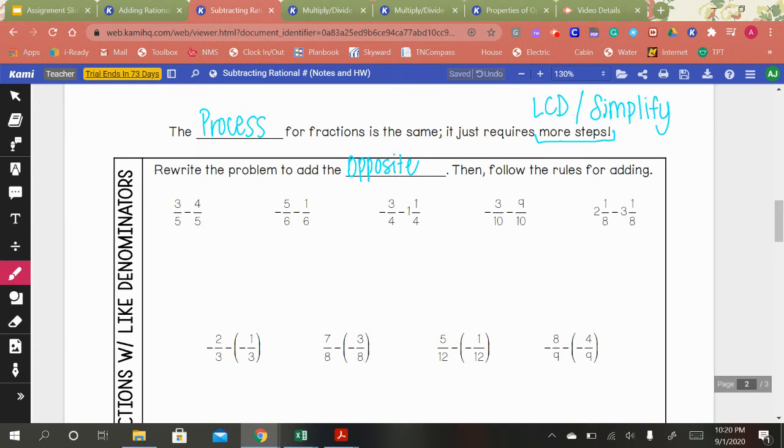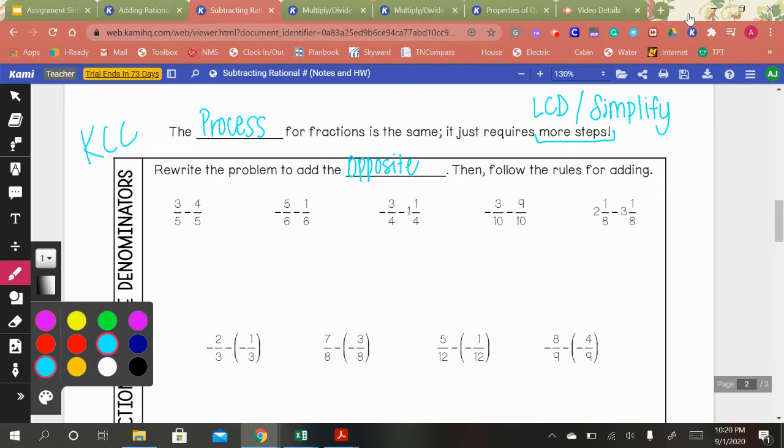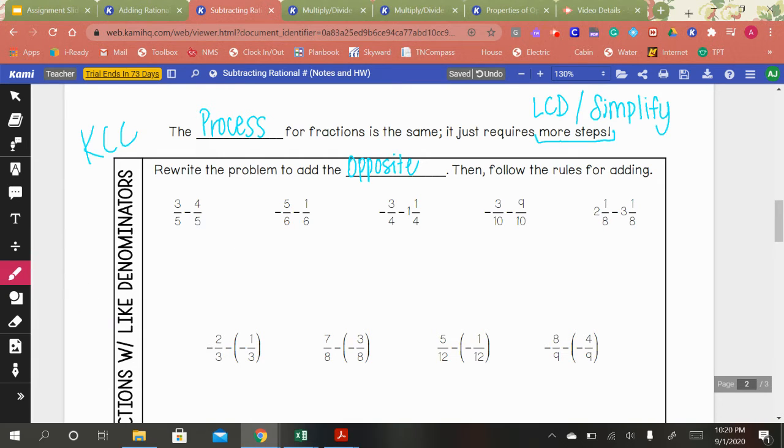All right, so we're going to rewrite these problems using keep, change, change. I'm going to change my color here. Keep, change, change. So I'll have 3/5 plus negative 4/5. And I'm going to go through the whole category and do this so that when I get ready to add, I can add.